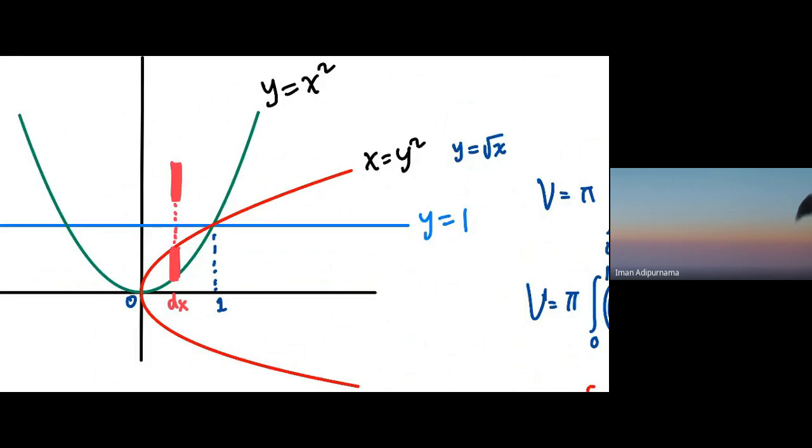We have the outer radius, which is this one, minus the inner radius, which is this one. We know the height of the line is 1, y equal 1. So the radius for the red color here is 1 minus x squared, and the other one is 1 minus square root of x. That will be our radius.